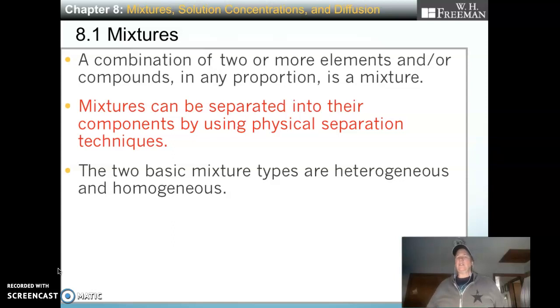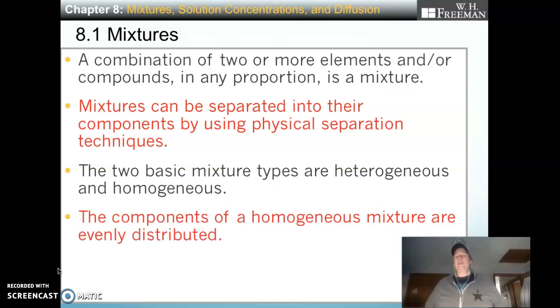Okay. And when you look at mixtures, you have 2 types. You have a not so well mixed mixture. It's called heterogeneous, which means you can see layers, you can see parts in it. And then you have a homogeneous mixture. And remember from chemistry when you've taken before, a homogeneous mixture is a solution. A solution is a well mixed mixture. You can say homogeneous or homogeneous, I've heard it both ways.